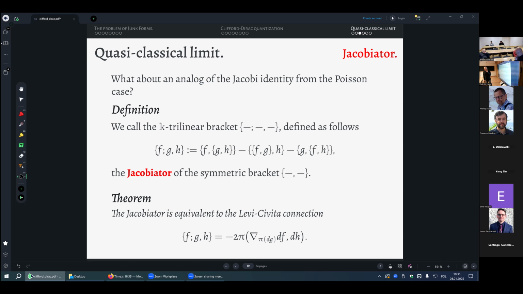But if it is true, it would mean that this Levi-Civita connection is some kind of homology, or maybe this parallel transport along the Levi-Civita connection is a kind of homology. This behaves like a Poisson structure.